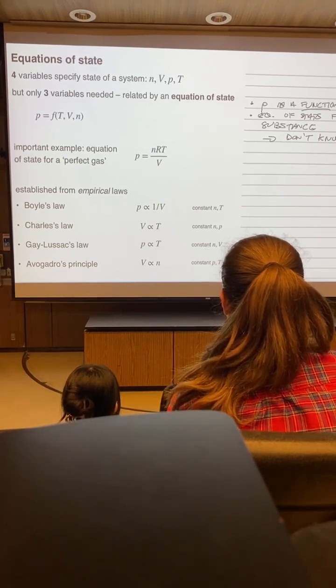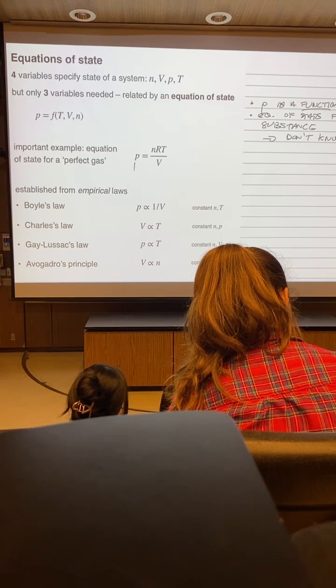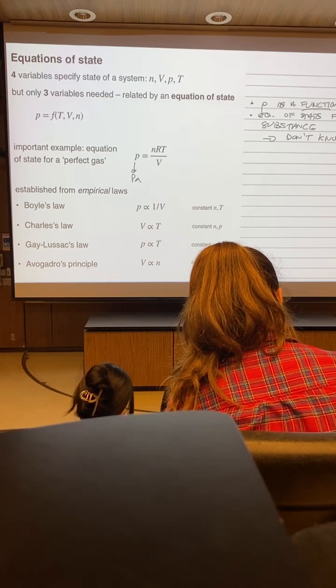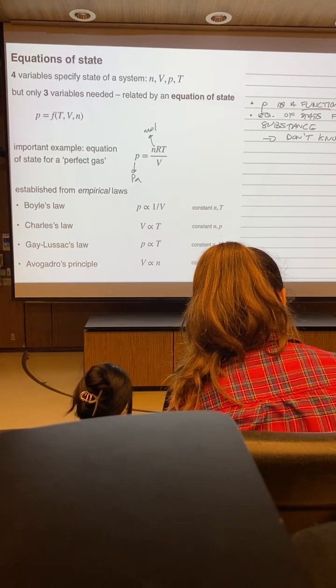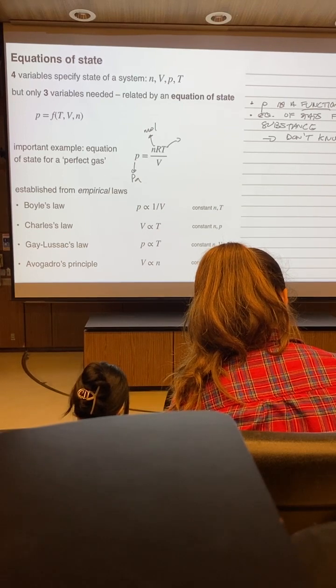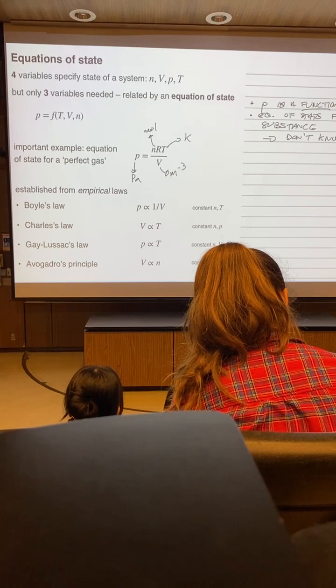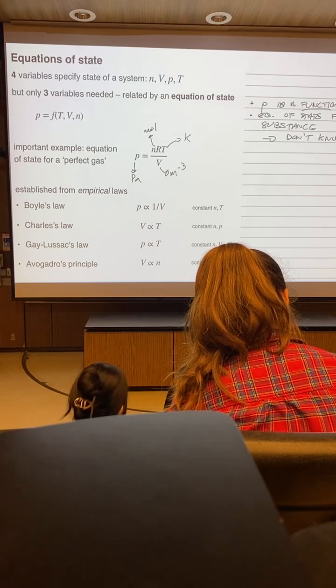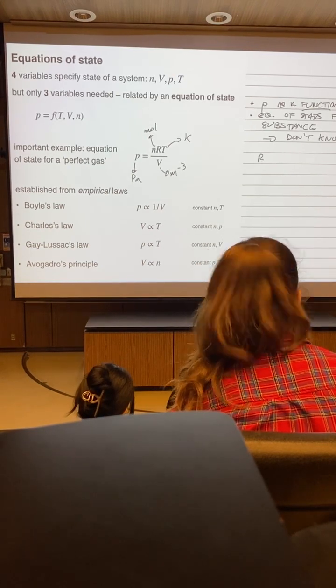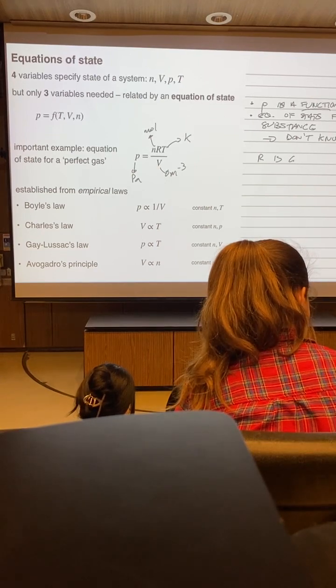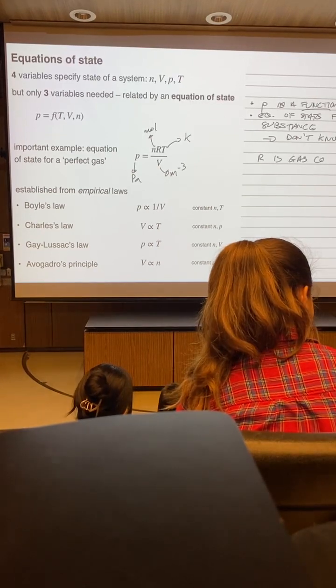Okay? So the pressure, just to remind you, in SI units will be in pascals, the amount of substance in moles, T is the temperature in Kelvin, V, the volume, is in meters cubed, and R is another constant called the gas constant.